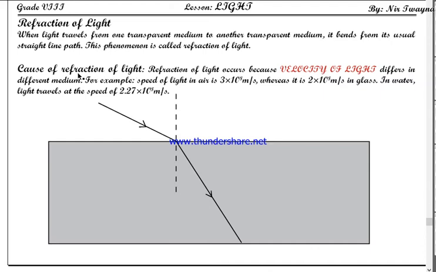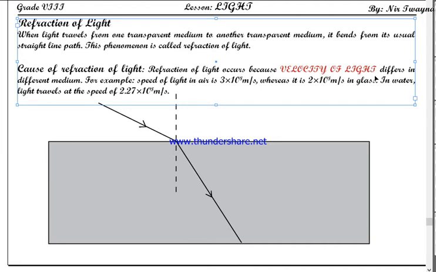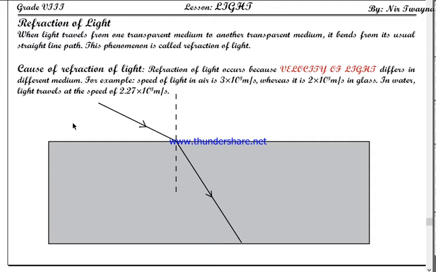Now let's discuss the cause of refraction of light. Refraction of light occurs mainly because the velocity of light differs in different media. Light does not travel with the same velocity in all media. Its velocity is highest in vacuum and almost the same in air, that is 3 x 10^8 meters per second.